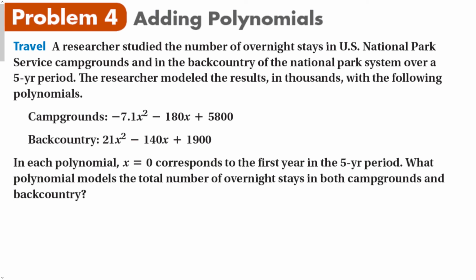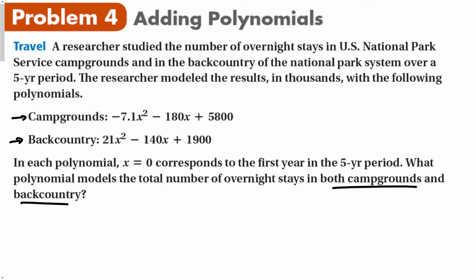The researcher modeled the results in thousands with the following polynomials. Campground polynomial, backcountry polynomial. In each polynomial, x equals 0 corresponds to the first year in the 5-year period. What polynomial models the total number of overnight stays in both campgrounds and backcountry?